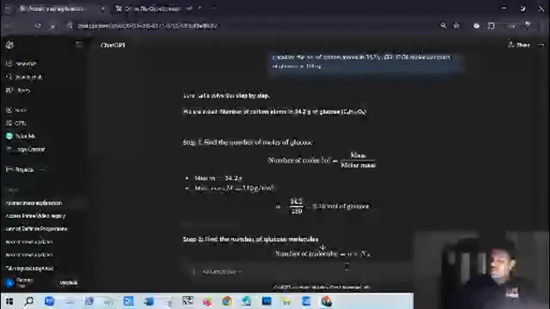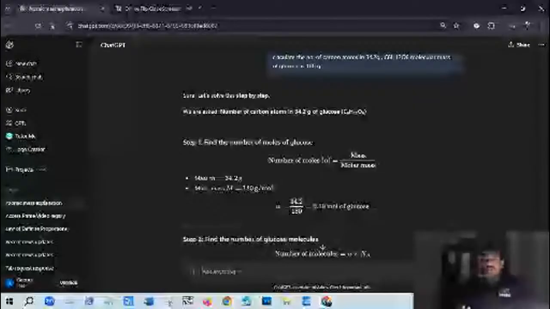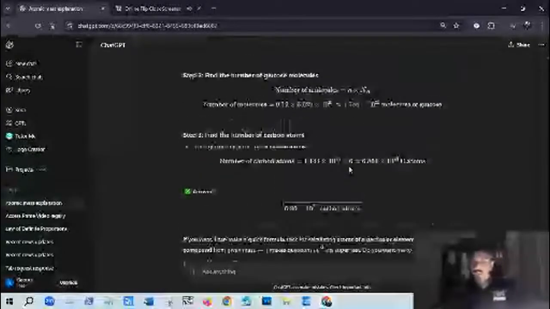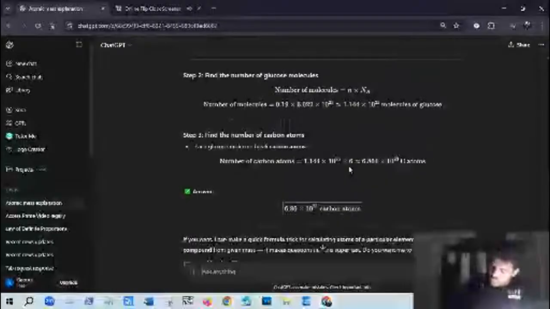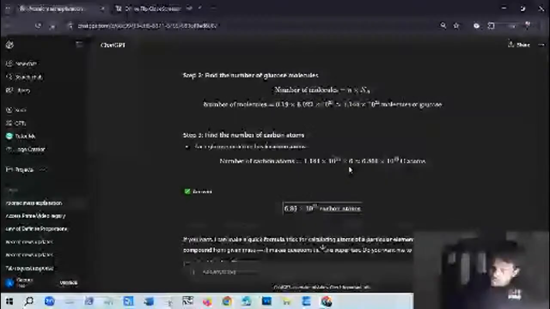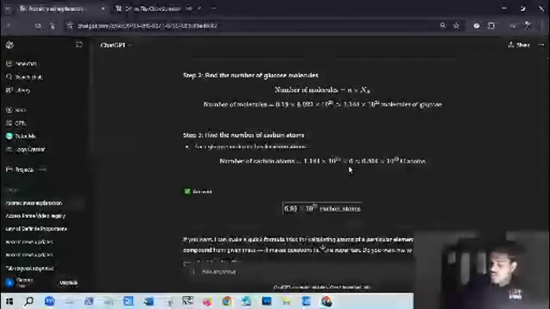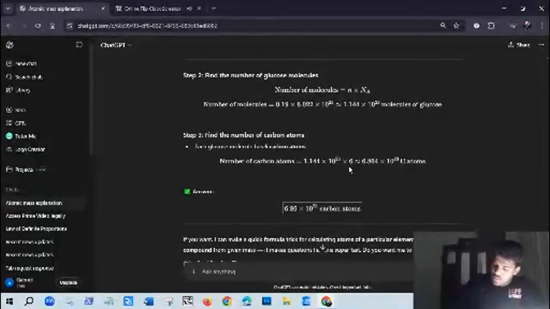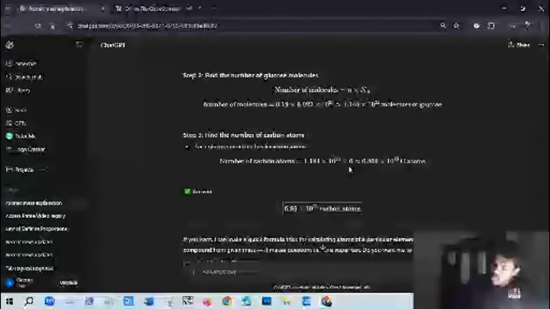So we found the mole. Now we find the number of glucose molecules. For that, we use the formula: number of glucose molecules is equal to n into Na, which is 0.19 into 6.022 to the power of 23.